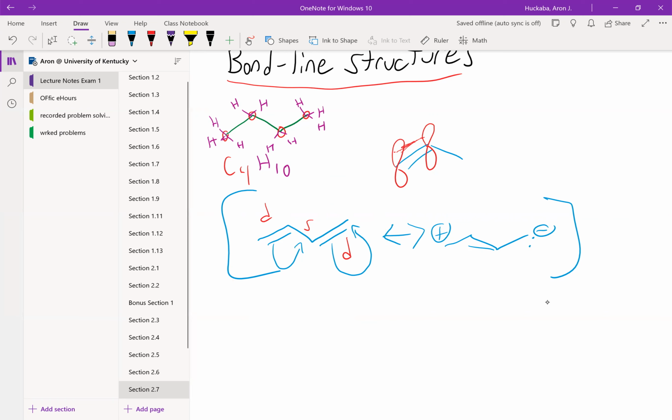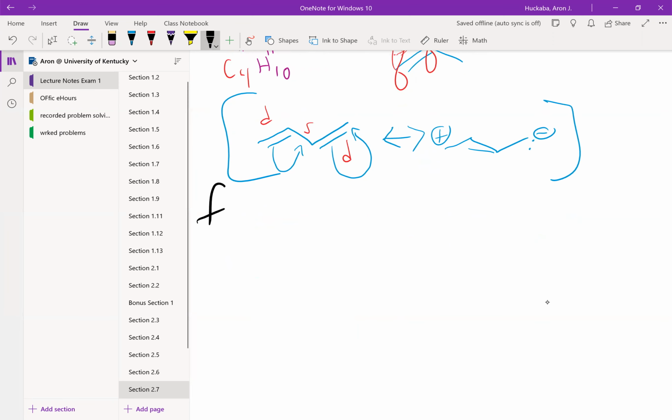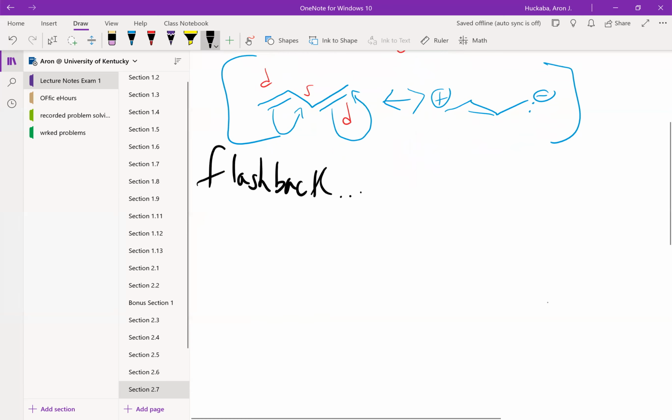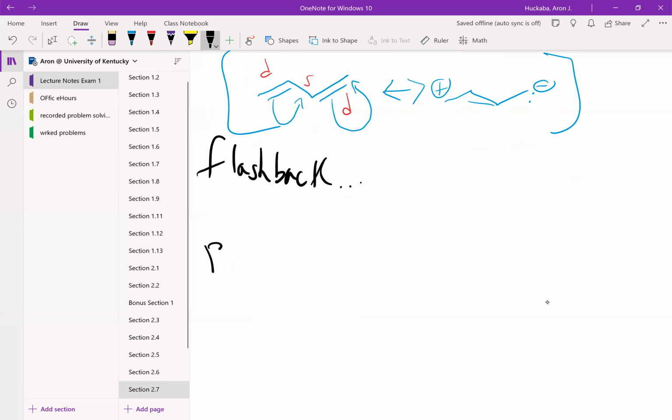Now, what we can do is talk a little bit about how this arose. So let's quickly flash back to what we talked about in chapter 1 when we brought two p orbitals together to make a double bond. So we had a p orbital here and one here, and we said that both of these had an electron, and they were going to come together to make an energy level of lower energy and an energy level of higher energy, right?